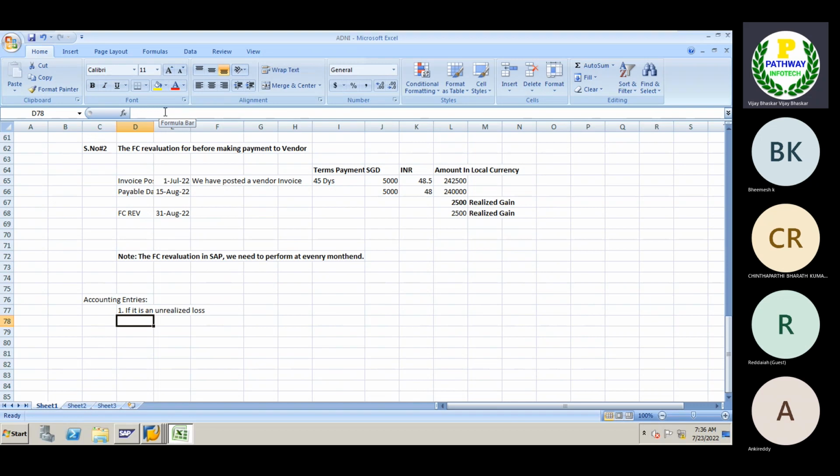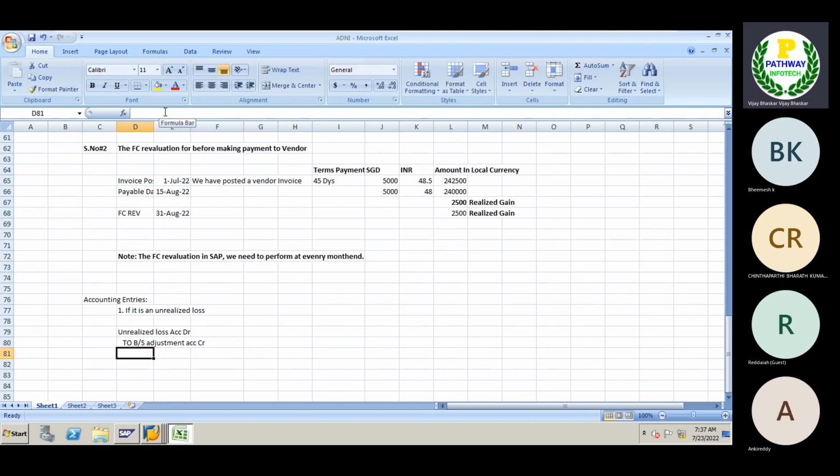The unrealized loss account is debited, to the balance sheet adjustment account, which is credited.